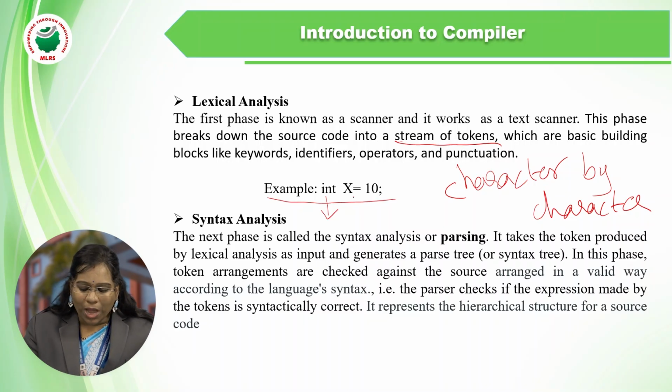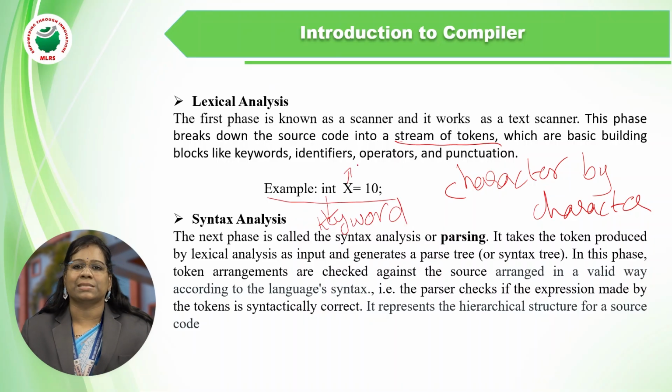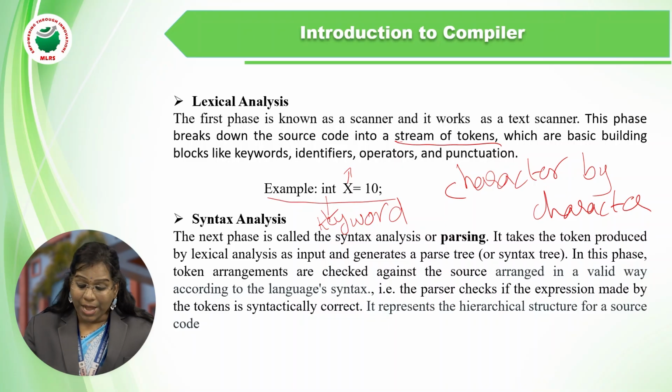So int is a keyword, which we can say is a data type. The next one is x. What is x? X is a variable, or we can say an identifier.